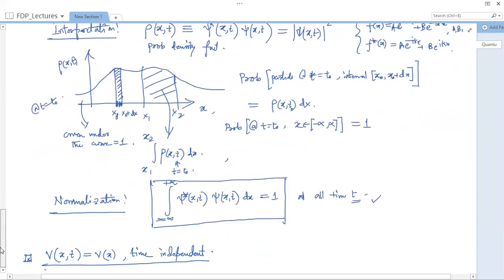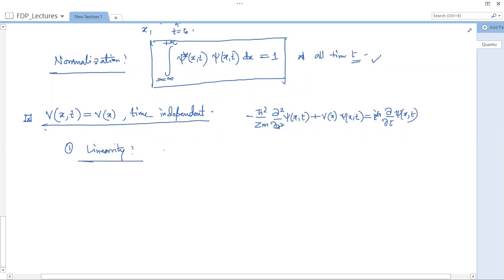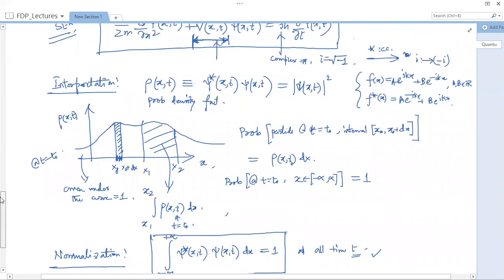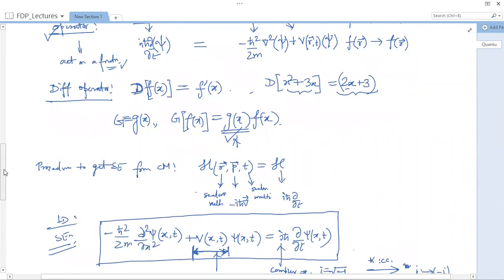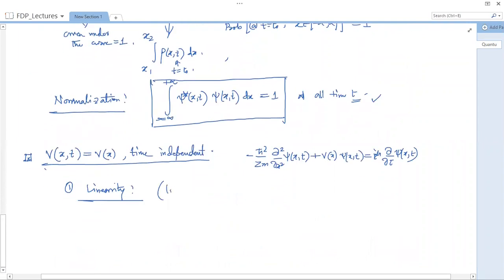The first thing: the Schrodinger equation is linear. We have this Schrodinger equation, minus h bar square by 2m d2 dx square of psi xt plus V of x psi xt is equal to I h bar d dt of psi xt. The first property is linearity. These differential operators and scalar multiplication are all linear operators.